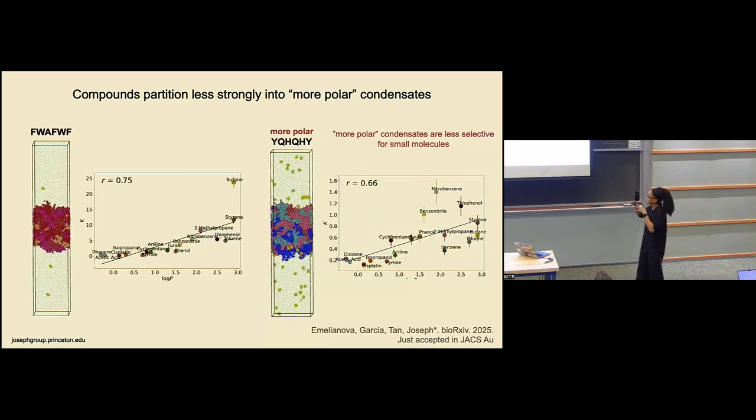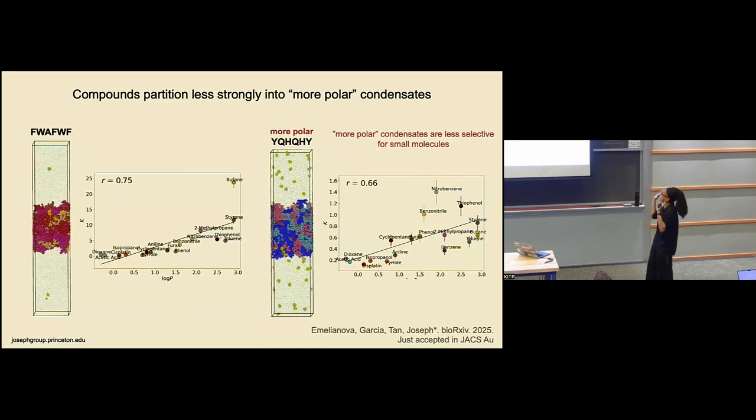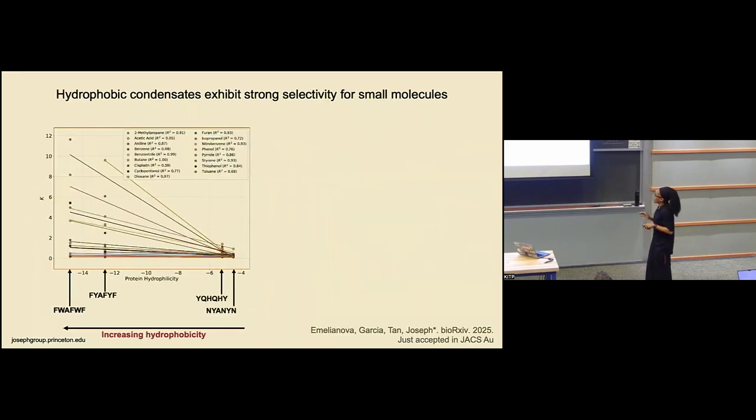But we can take it a step further because we have this set of 65 systems, and we can zoom out and see what is the big picture here. Well, what I'm doing here is I'm taking my 4 different environments. So these are the 4 different peptide-based condensates that we have. And for all of the small molecules that we have, we're plotting the partitioning coefficient as a function of the environment.